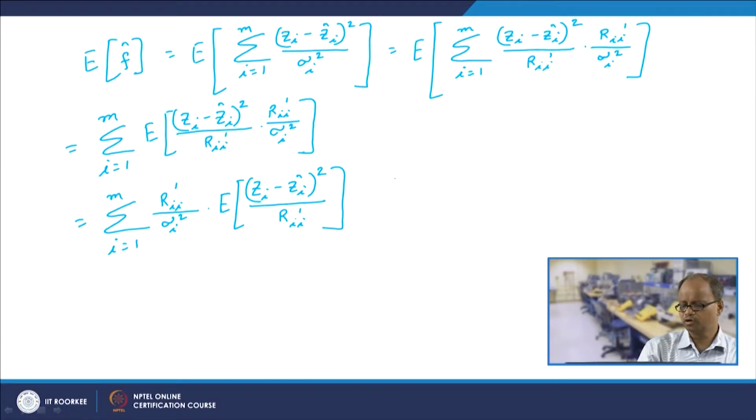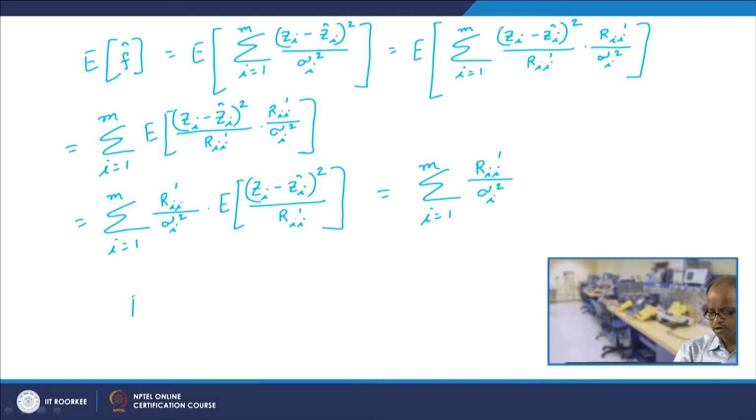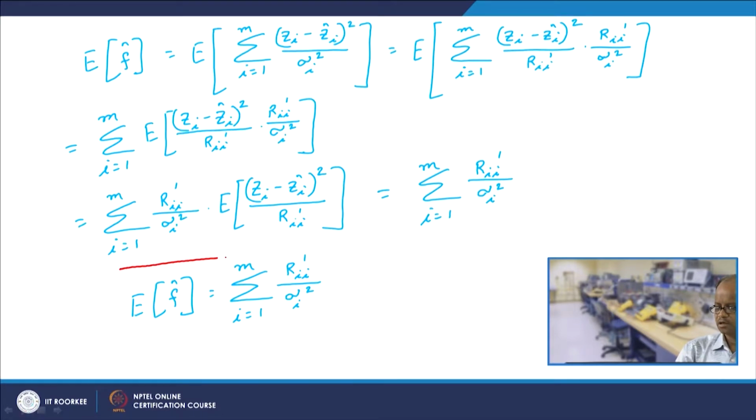So, it turns out to be the sum from I equal to 1 to m of (R I dash by sigma) whole square. So, this is a very important relation: the expected value of f hat, that is the estimated value of the objective function, is given by the sum from I equal to 1 to m of (R I dash by sigma I) whole square. This is a very important relation.